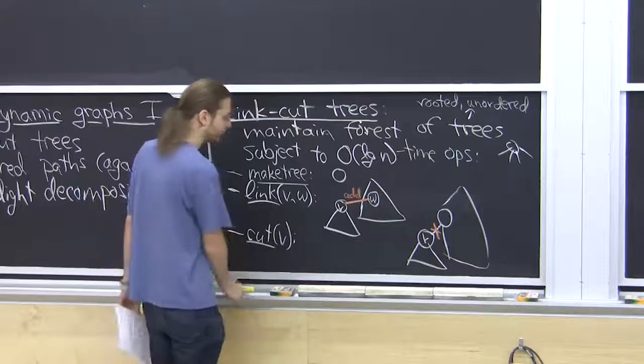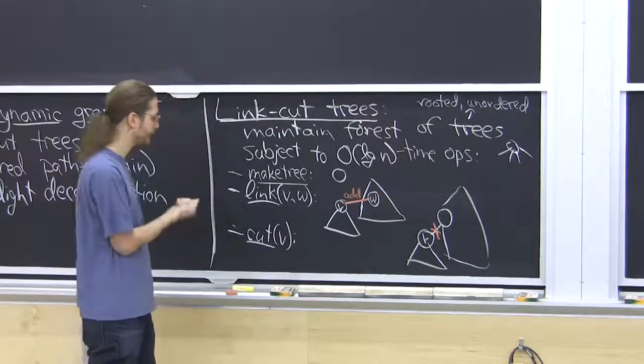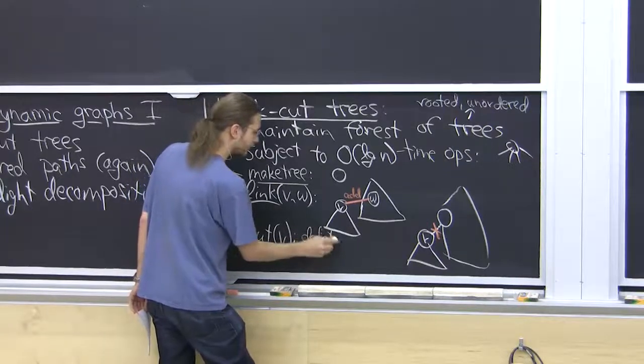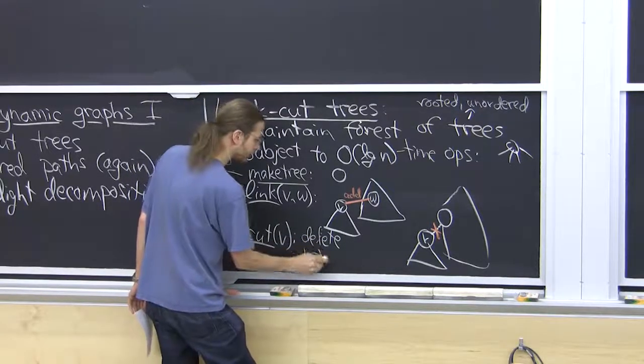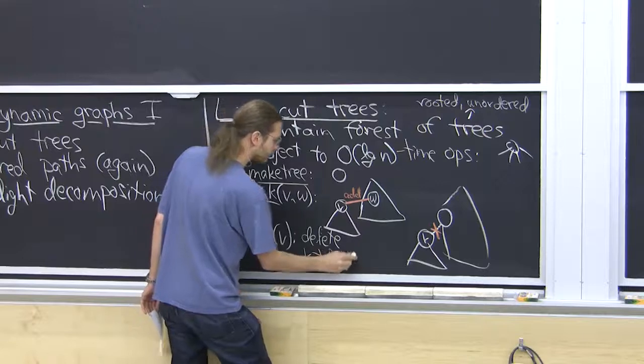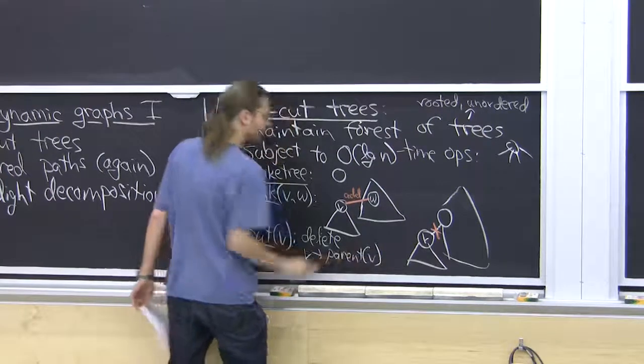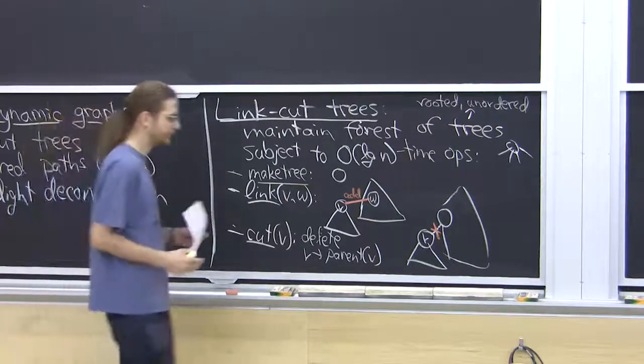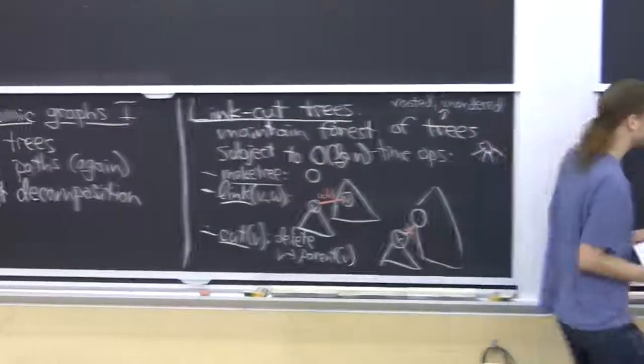So that splits one tree into two trees by deleting the edge from v to its parent. Okay, so those are our updates. Pretty obvious in the setting of dynamic graphs.